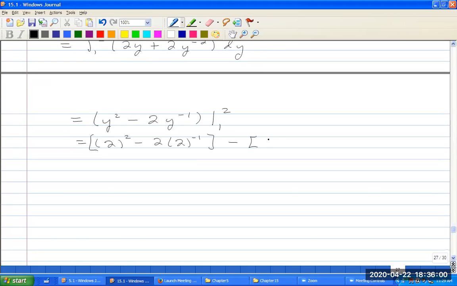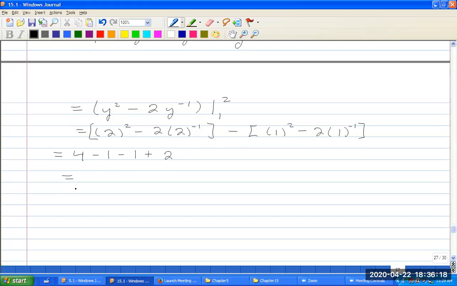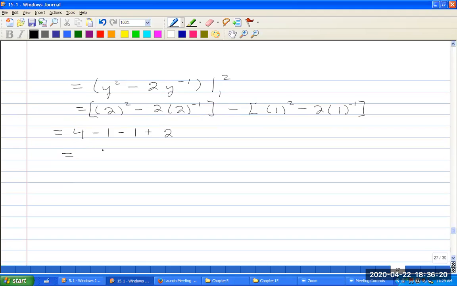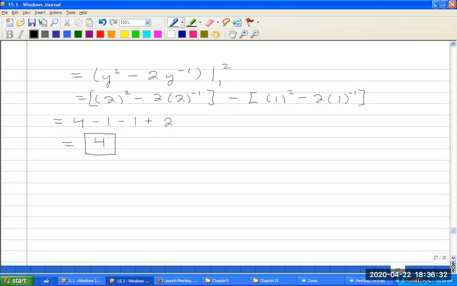Plugging in 1, I get 1 squared minus 2. And so I get 4 minus 1 plus 2. And so my answer is 4. So integrating that double integral gave me a value of 4.